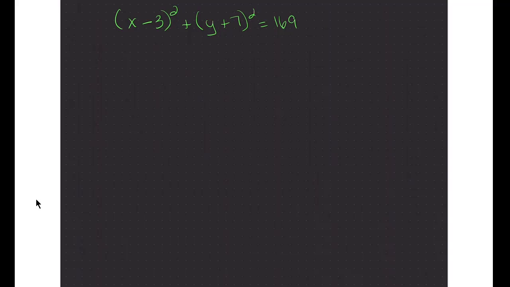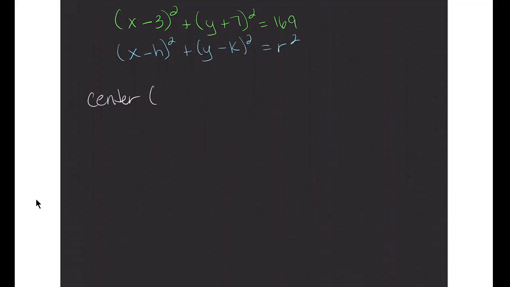So to graph a circle, we need to know the center and we need to know the radius, right? So this would be like (x - h) squared plus (y - k) squared equals r squared, right?